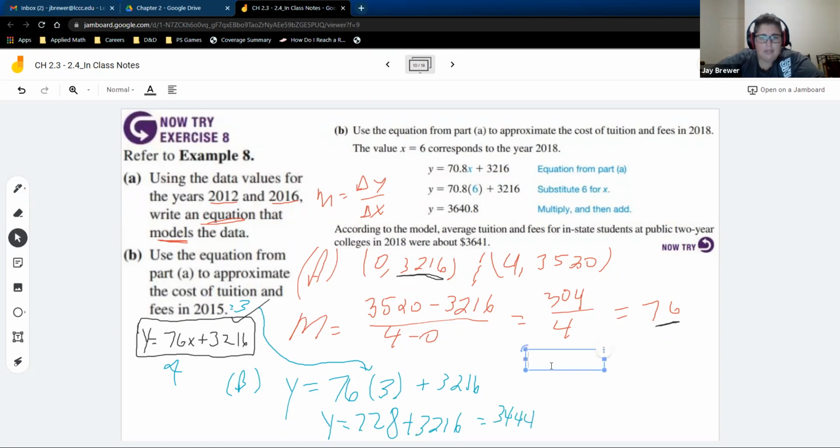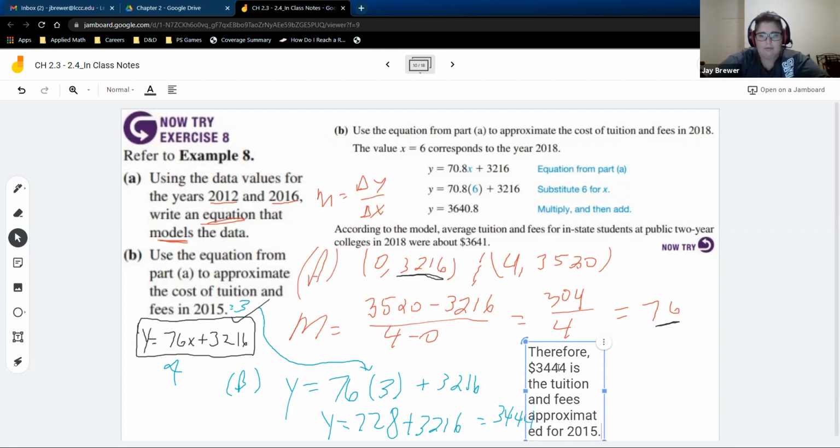But you want to write it out. So you want to say, therefore, which can be those 3 dots that I like to use. They make a triangle. Therefore, 3,444 is the tuition and fees approximated for 2015.